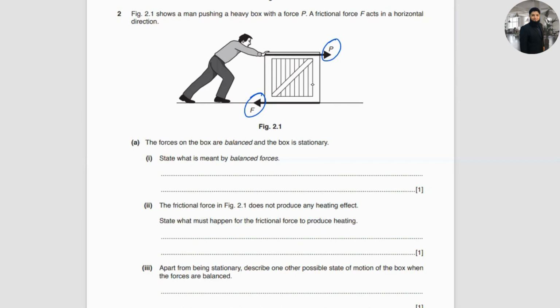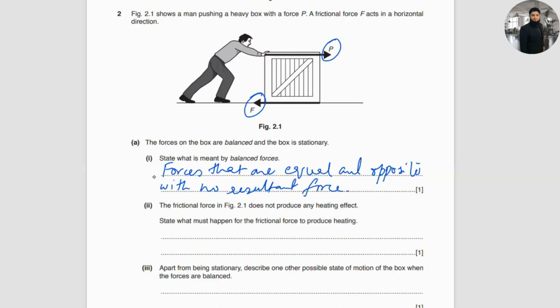What is meant by balanced forces? Very simple: forces that are equal and opposite with no resultant force, right? The frictional force in figure 2.1 does not produce any heating effect.